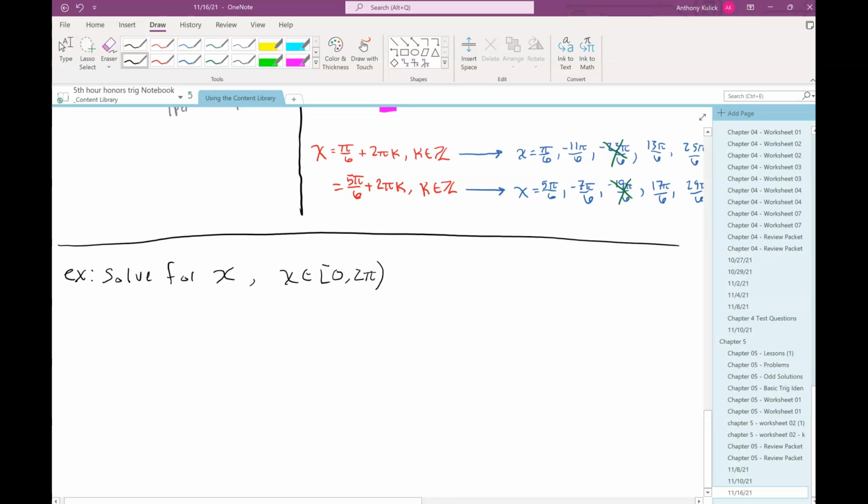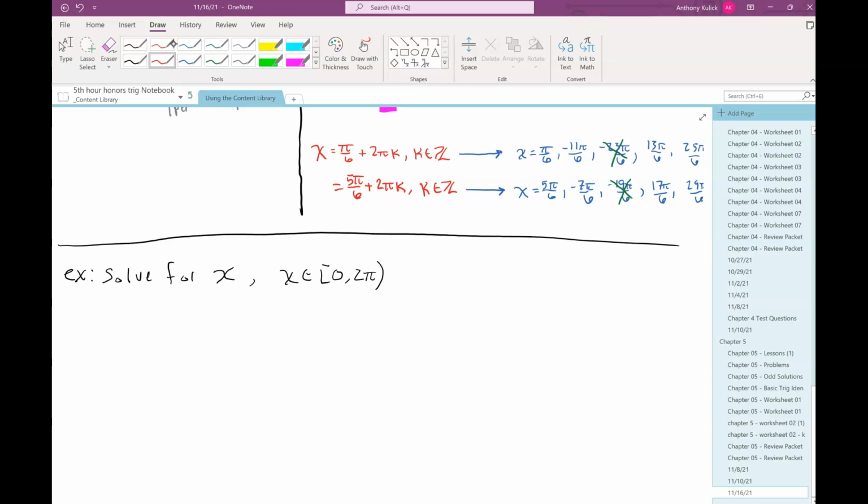So for these examples, we're just going to solve for x on the interval from 0 to 2 pi. Note the interval there, we have a bracket at 0 and a parenthesis at the 2 pi. What is the bracket versus parenthesis? Those mean two different things, right? The bracket means that number is included, so 0 could be an answer.